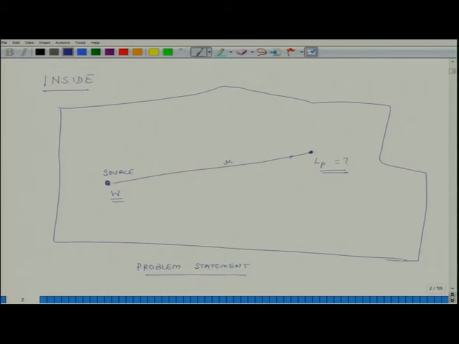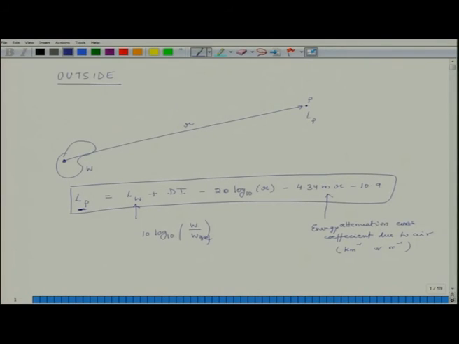So, intuitively what do you think is going to matter? See, suppose there were no walls, then we could have calculated the value of LP using the earlier formula, right.